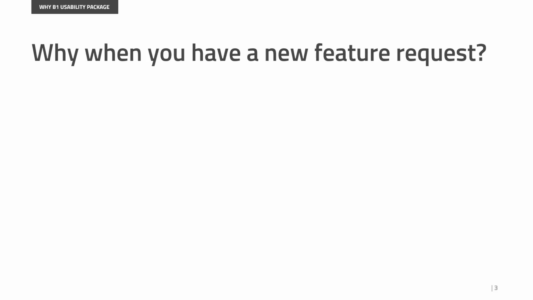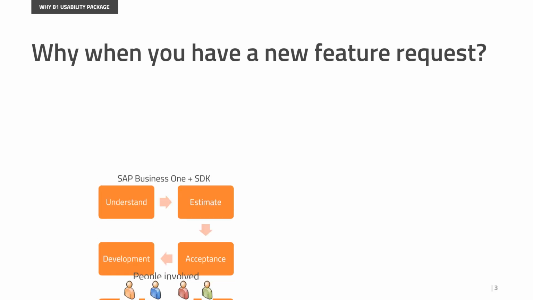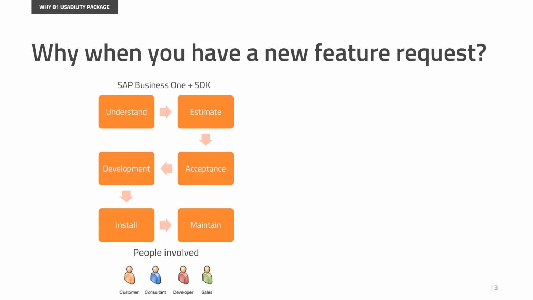And when that happens, you essentially have a feature request, or you need to do something about it. And if you are a big SAP house or you have access to development, you could go in and use the SAP Business One plus its SDK. So you would need to understand what did we miss here? Why do we need this extra feature? We could go in and estimate it, and the customer needs to accept it.